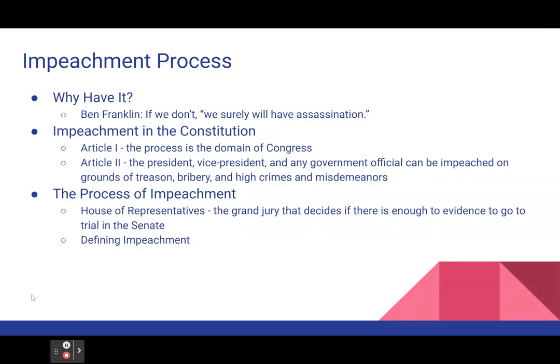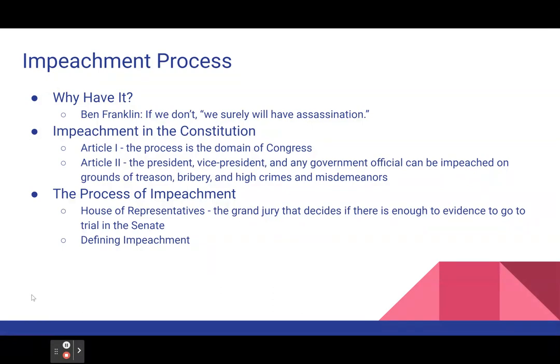The actual trial takes place in the Senate. Okay. So the Senate will oversee the trial. And here's what ends up happening. I'm not sure how many of you remember this from the previous impeachment, the second impeachment of President Trump.